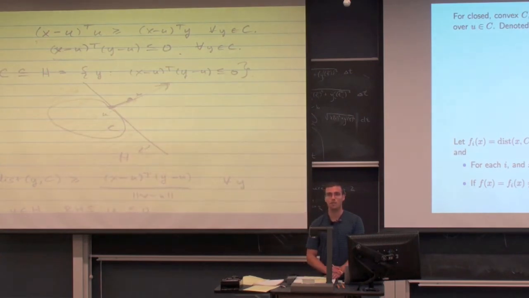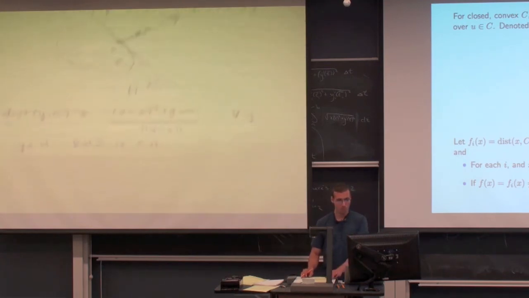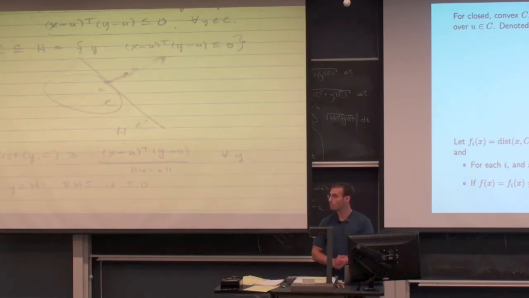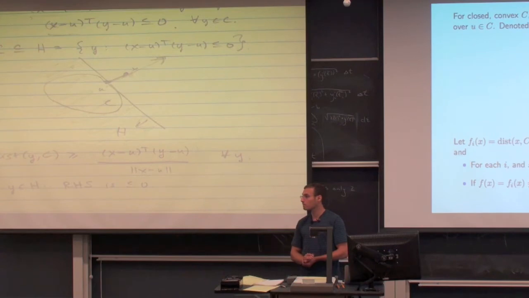This is a supporting hyperplane to the convex set C. Another question? So one relationship between the normal cone and the hyperplane is that every vector in the normal cone is a normal of a hyperplane that supports C. Right? So it's not necessarily true that H is defined by any particular vector in the normal cone, but we could have used any one. Yeah, in this case there's just one, so it is. Did everybody get that, or do you want that to be repeated?